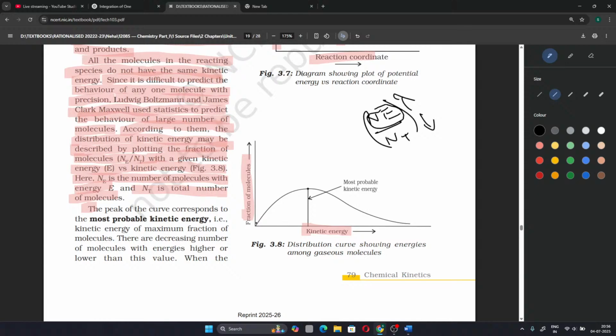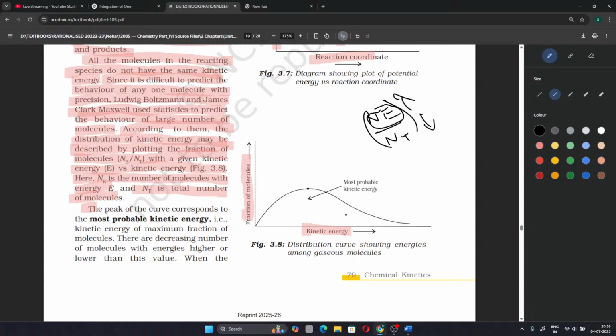So when we plot this graph, basically the prescribed specific energy, they did not take it to be constant, the kinetic energy.